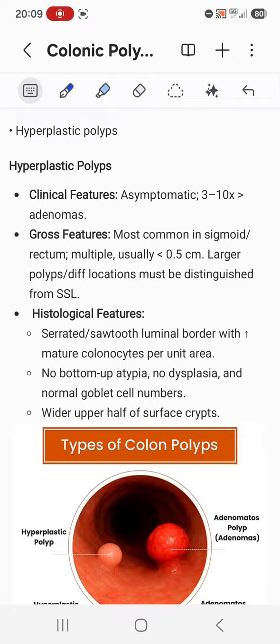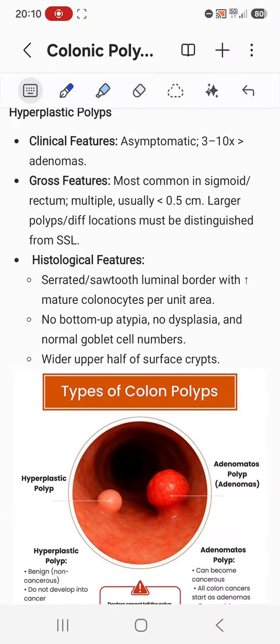The gross features of this hyperplastic polyp is that it is usually in the sigmoid and in the rectum, usually multiple, not just one, and you'll find that it is small, less than 0.5 centimeters or 5 millimeters.